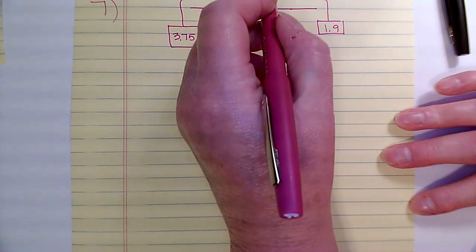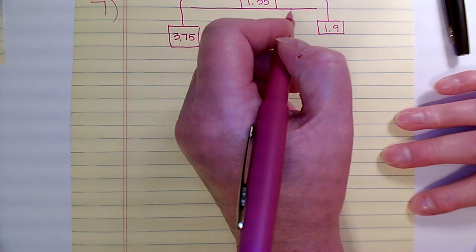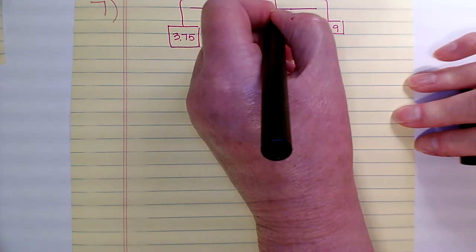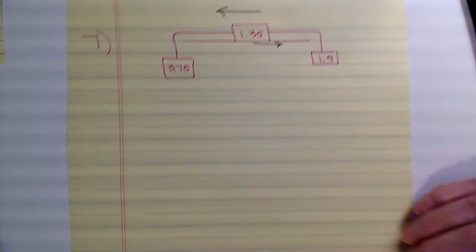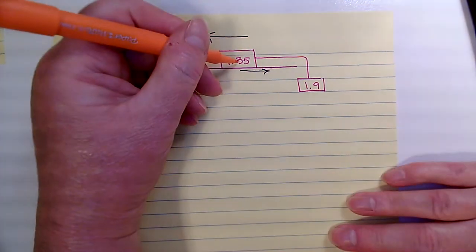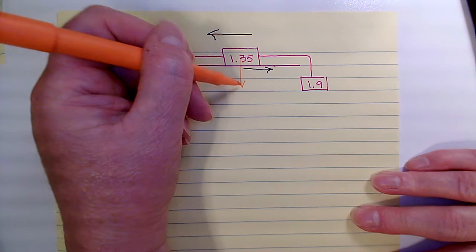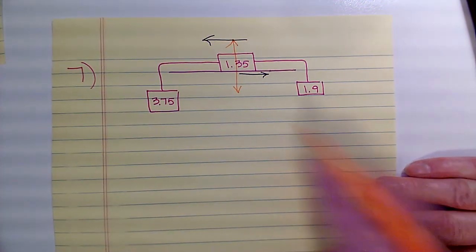Okay, so if it's going this way, that tells me that friction is going to be going the opposite way. So we're going to start by finding the friction that exists here. Friction equals mu times Fn, and this is Fw, this is Fn, and they're going to be equal because he's sitting on the table.